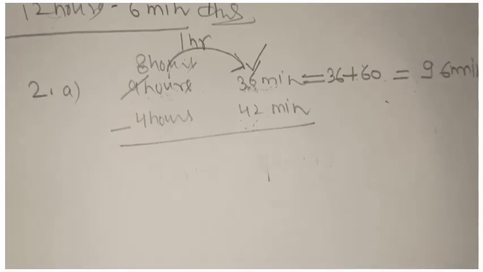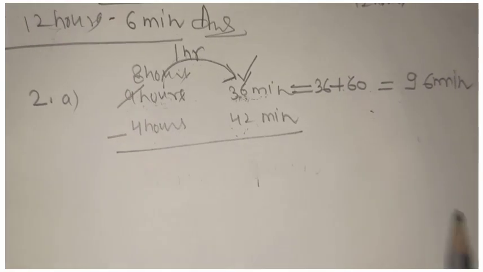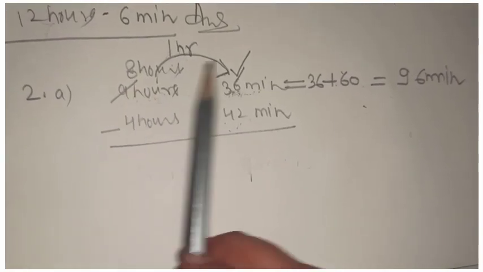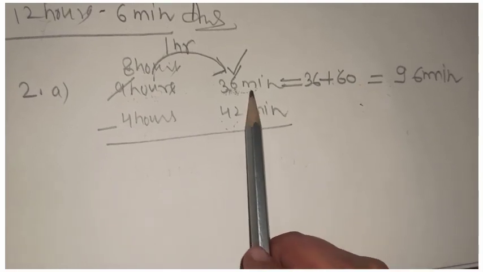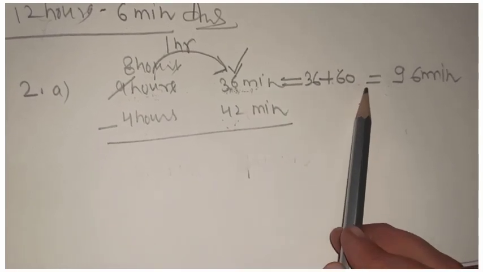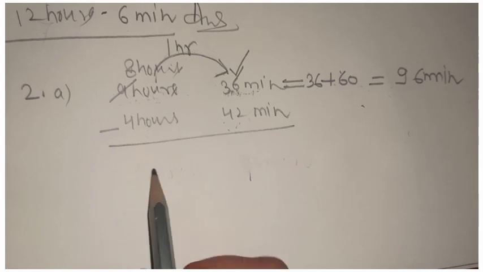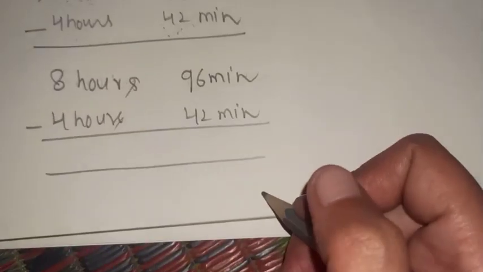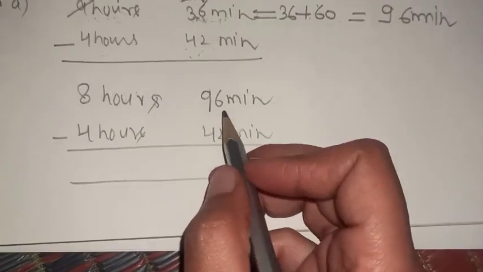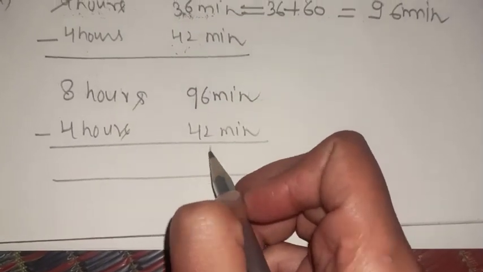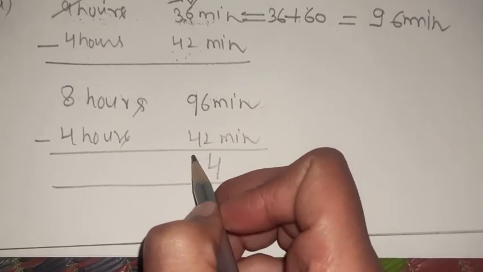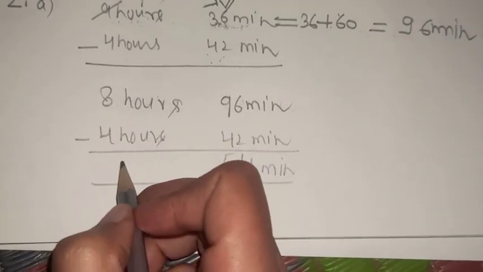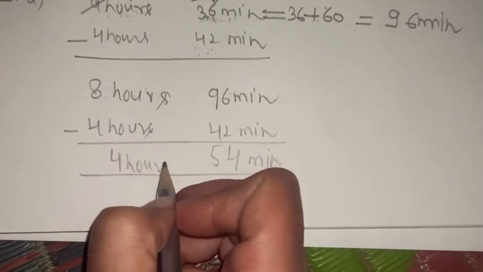Now we need to note down the question again, because this 9 hours is now 8 hours and these 36 minutes are now 96 minutes. This is why we are rewriting the question. After rewriting the question, we will do the subtraction. 6 minus 2 is 4. 9 minus 4 is 5. This is 54 minutes. Now 8 minus 4 is 4 hours. So this is your answer.